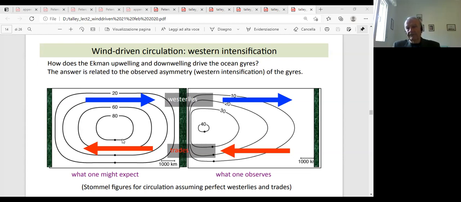We observe the westward current near the equator and the eastward current near the mid-latitude, but there is this strong asymmetry between east and west. In the west, there is a strong northward current, and along the east coast, there is a relatively weak southward current.